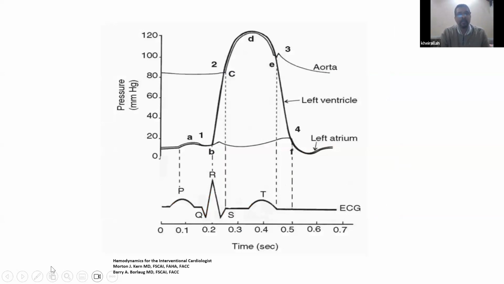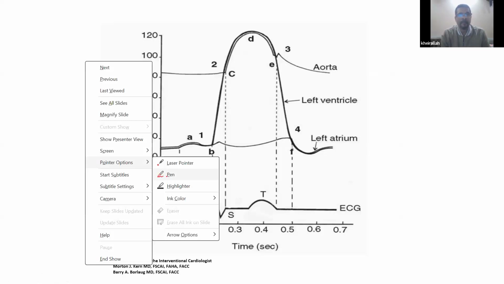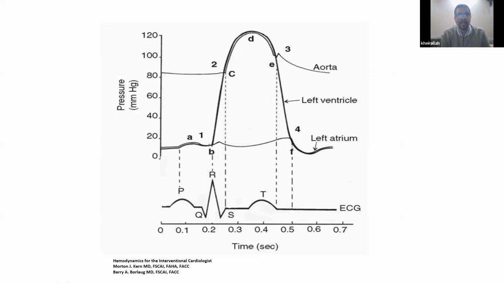Now, if I put the tracing of the LV superimposed with aortic tracing and arterial tracing, it looks like this. So here we go. You see the LV tracing is this one, I'm following with my red marker. Okay, so this is systole. Sorry, I'm gonna take this one away.